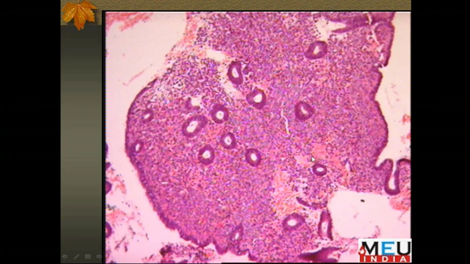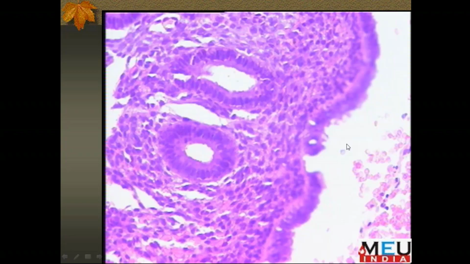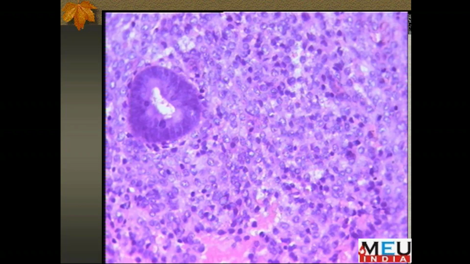As time passes, the stroma gradually starts becoming slightly edematous, and the edema starts increasing in the stroma, and the glands start becoming tortuous.